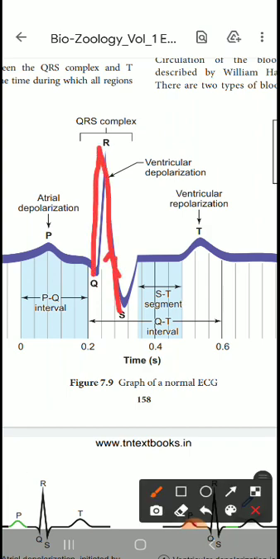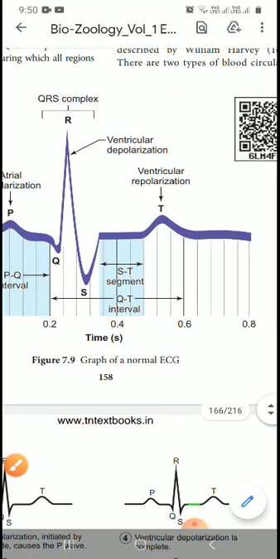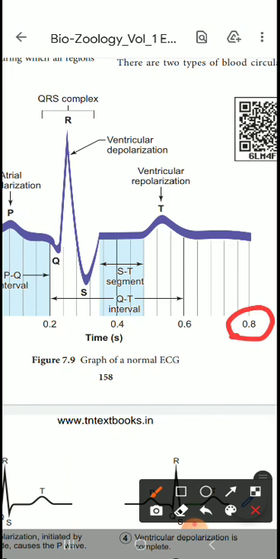After that comes the downward wave, it is S. How much time will it take? 0.2, 0.4, and after that comes the ventricular repolarization, lasting 0.8 seconds. So this is the remaining part of the ventricular repolarization. This is the graph of the normal ECG.